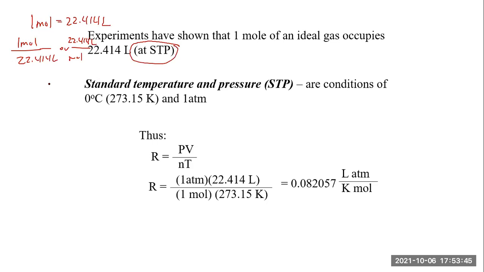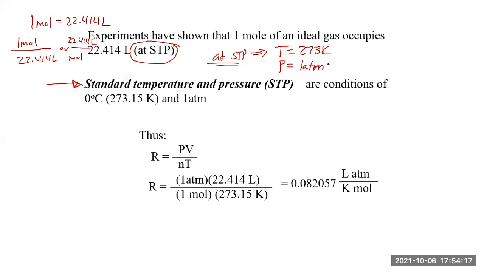So let's talk about what STP means. STP stands for standard temperature and pressure. If somebody says, hey, this is at STP, which is a common sort of question, you may think, well, that's not a lot of information, but it actually is. It is giving you two values: a temperature, which is 273 Kelvin, and a pressure of 1 atmosphere.